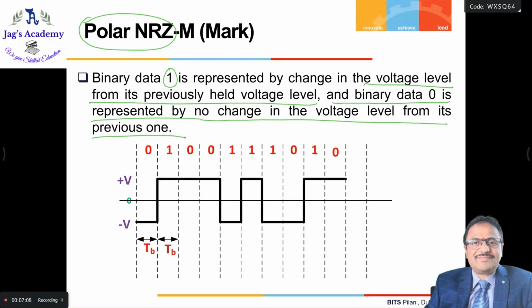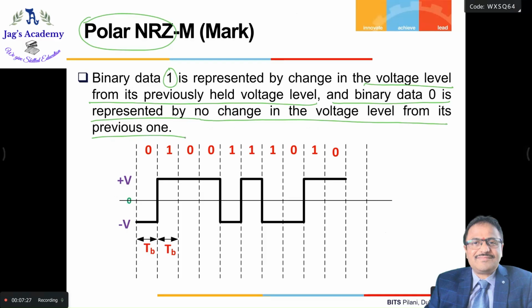In polar NRZ level, there is a fixation: 0 means minus 3, 1 means plus 3. But here, it's not like that. It just goes by how the voltage level changes from the previous level.